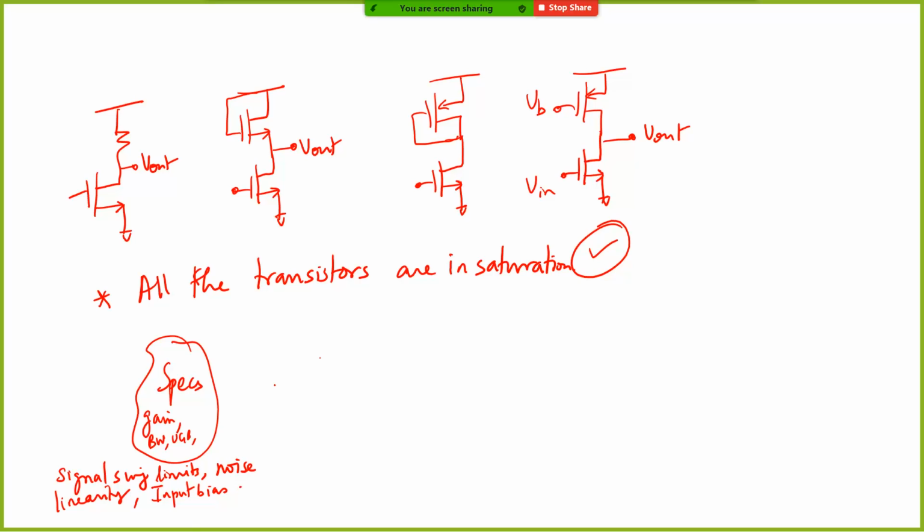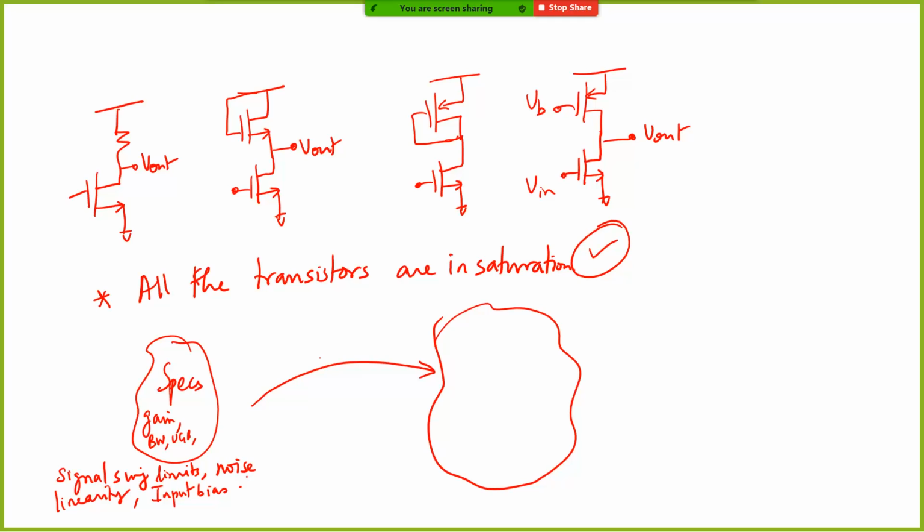Now, all these things, when you are doing a design, what I'm telling you is common for all your simulation assignments as well as for your project. So what you need to do is translate these specifications into certain other second order parameters, or small signal parameters.